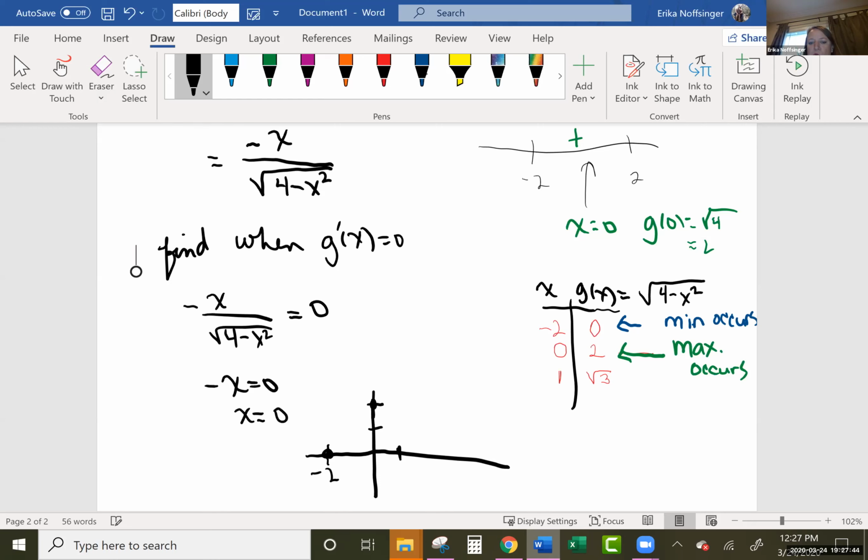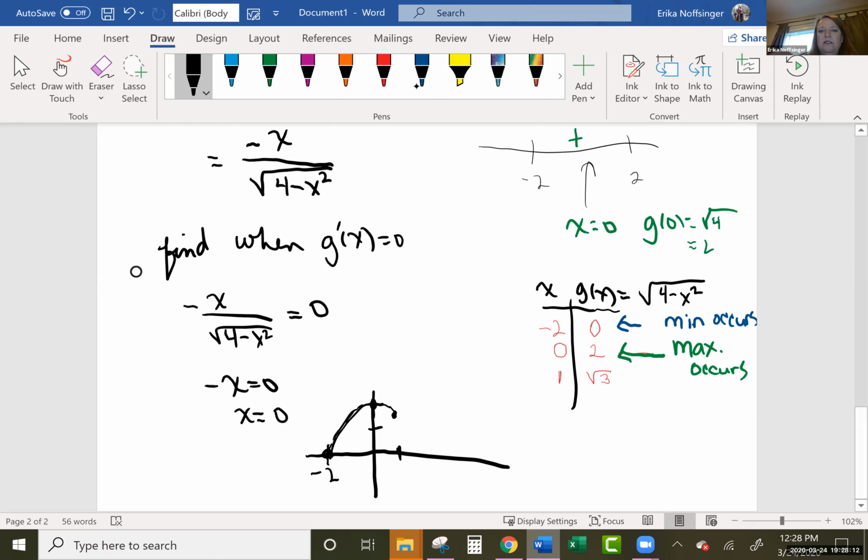X equals 1, we had the square root of 3, which is between 1 and 2. Basically, you're going to get a semicircle, or not even a semicircle, a part of what kind of looks like a circle. And it would come back down here.